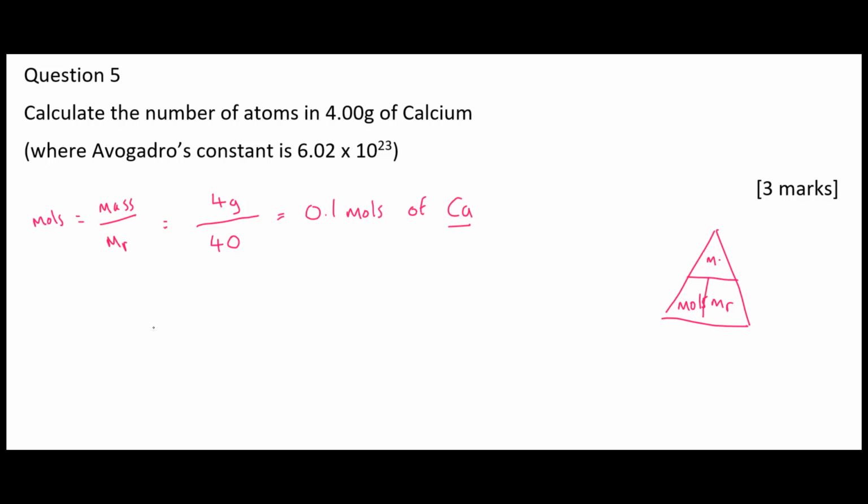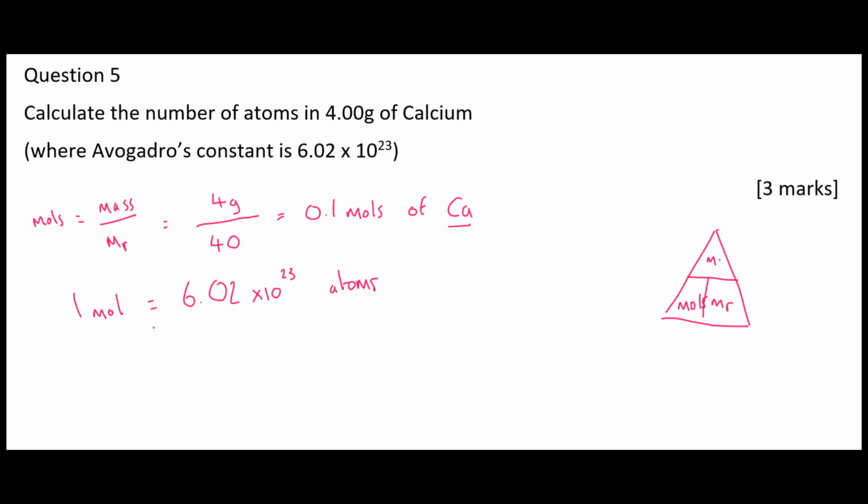Now remember that 1 mole of any substance contains 6.02 times 10 to the power of 23 atoms, or ions, or molecules.